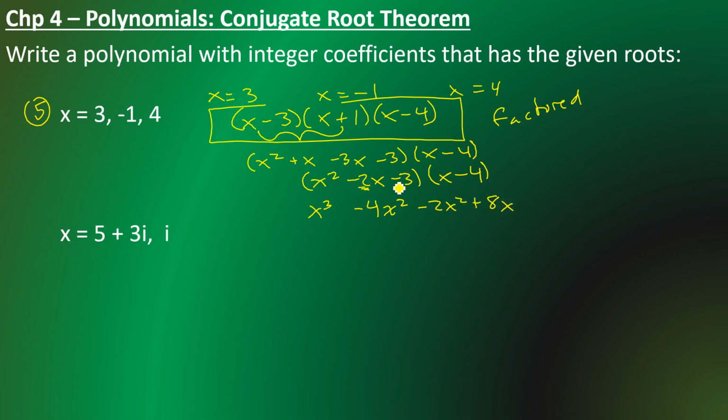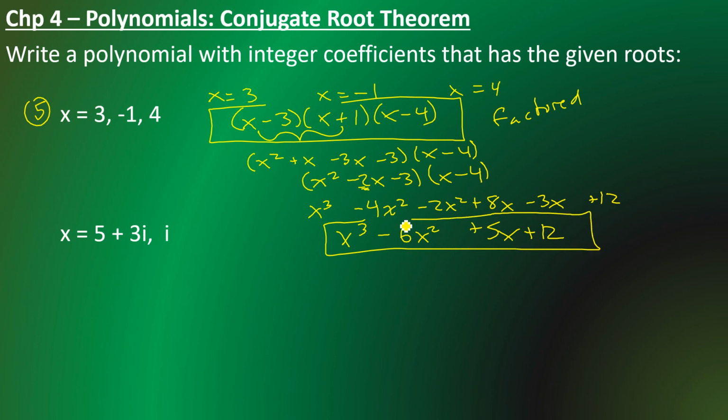Remember to take the sign with it, so negative 2 times negative 4. And then negative 3 times that there. And then plus 12. Combine like terms. And there we go. This is the standard form.